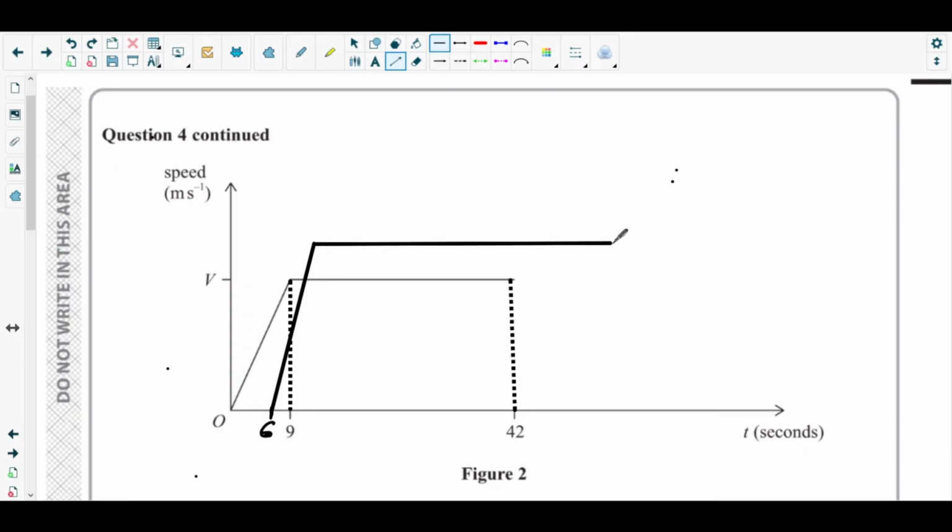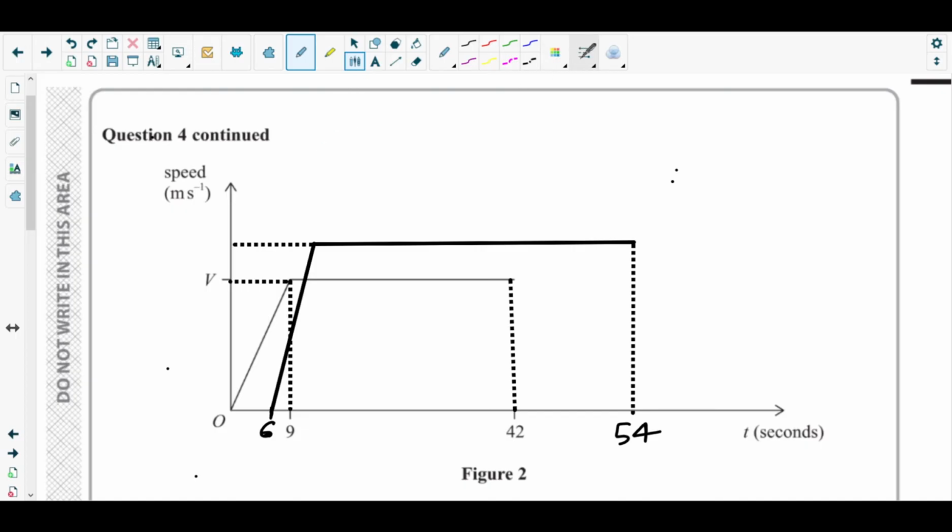Then it moves at that constant speed till t equals 54. This is 54, and this one is v, the other one is 3.6 meter per second, not 36.